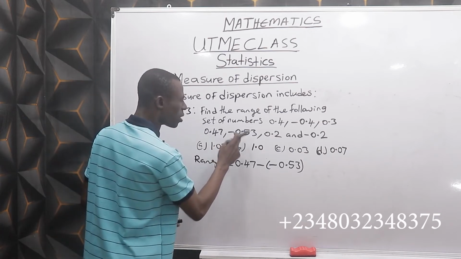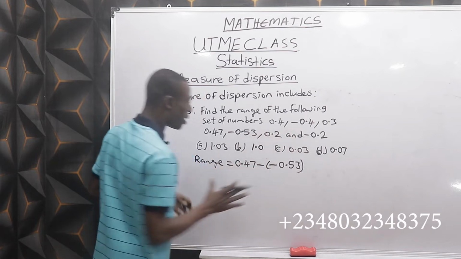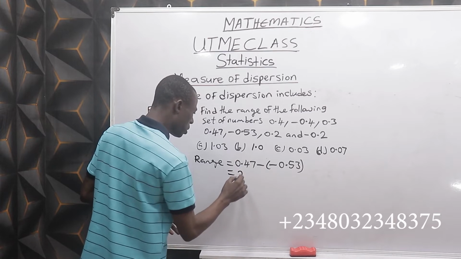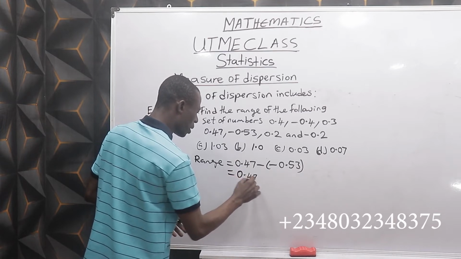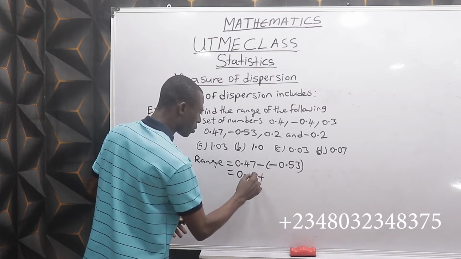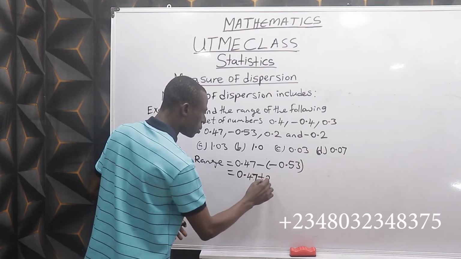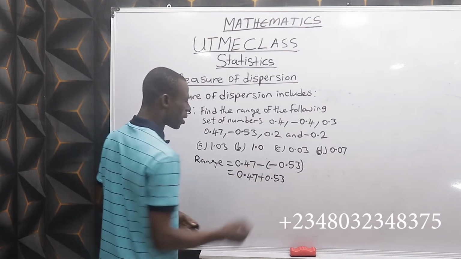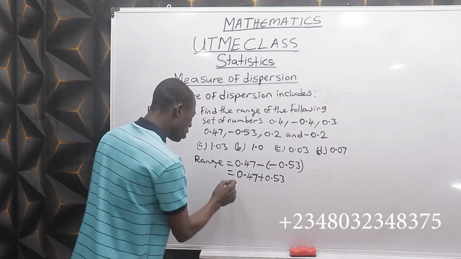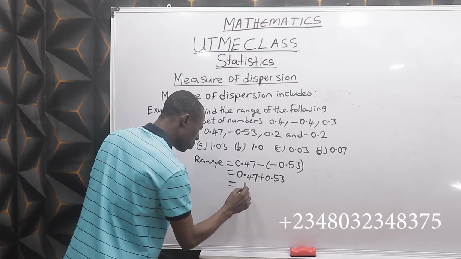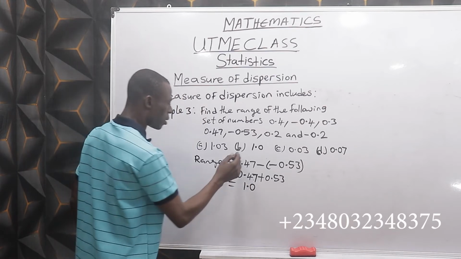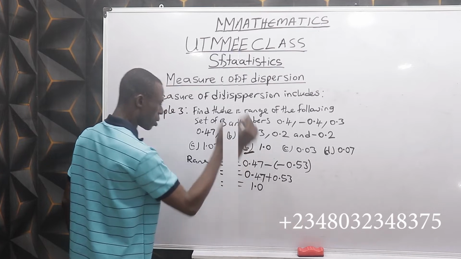Negative 0.53 is the lowest in this set of numbers. So let's operate it. 0.47 then plus 0.53, because negative times negative gives positive. So adding these together, you get 1.0. And that tallies with option B.